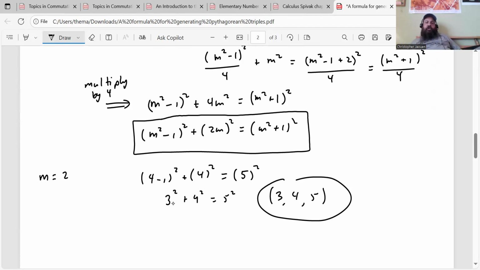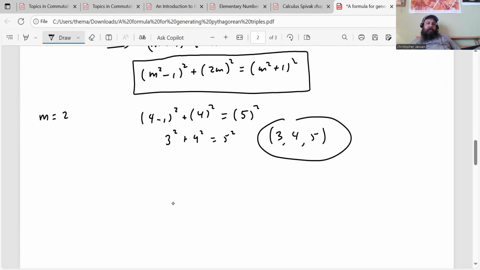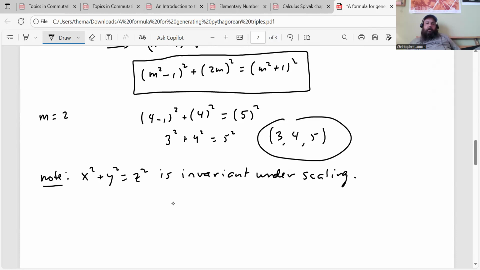Okay, now this is not the most general form that you can derive of this. Notice that, let me just say this down here as a note, x squared plus y squared equals z squared is invariant under scaling, meaning that if I take all the variables to be some positive natural number times the original quantity, it still satisfies the equation.